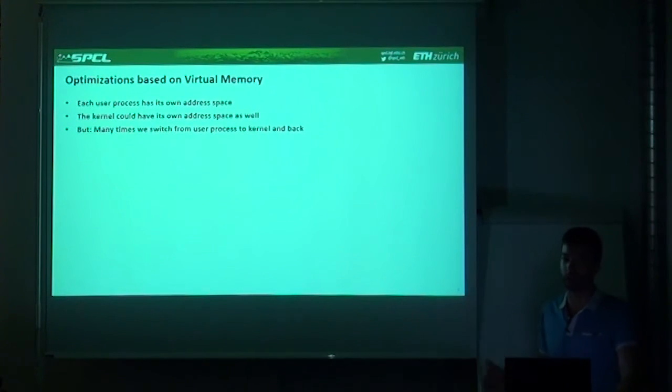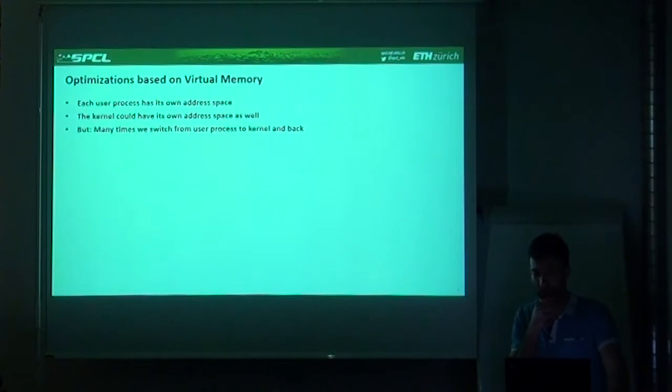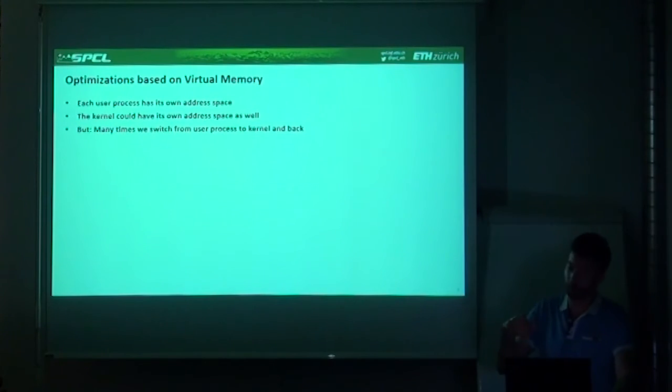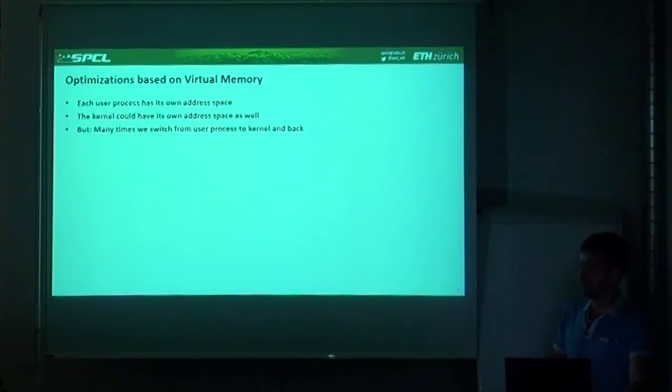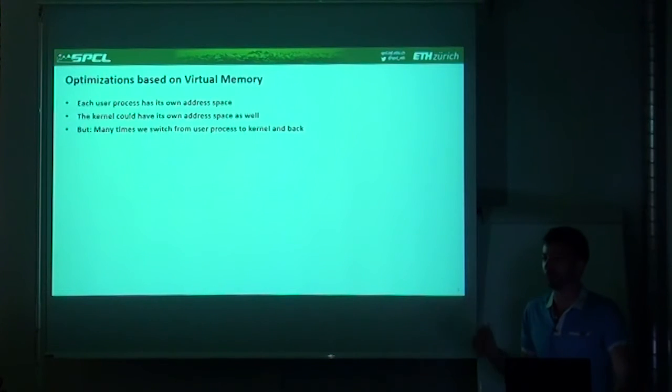So each time we do any kind of I/O, at least if it's not DMA, it works like this. So we go to the kernel, we go back. And if every time we would switch the page table base register and we would traverse the page tables, this would take about 200 nanoseconds just for this kind of switching and traversing.